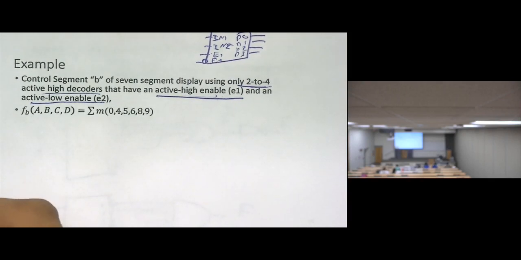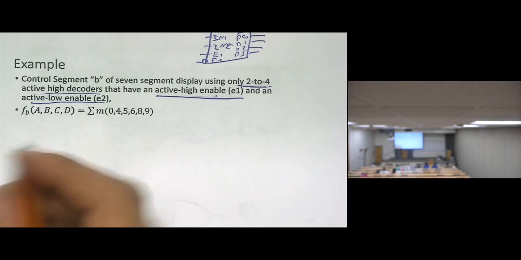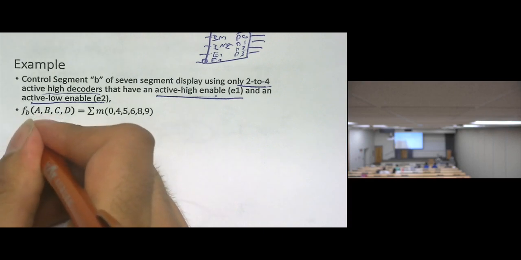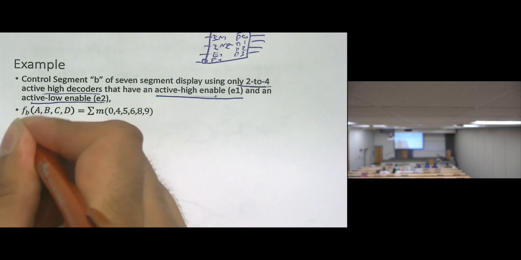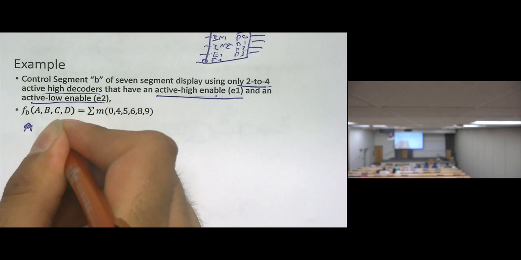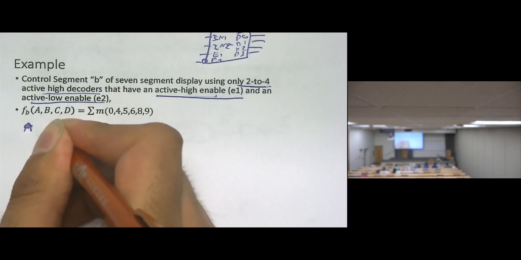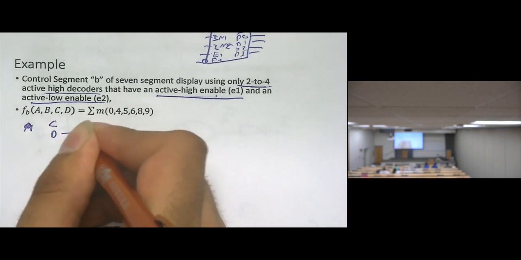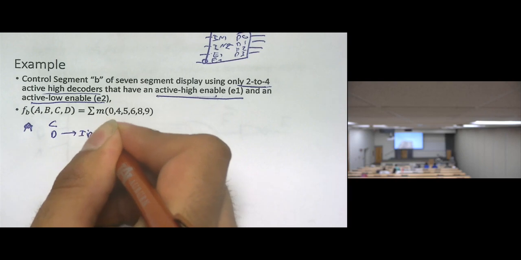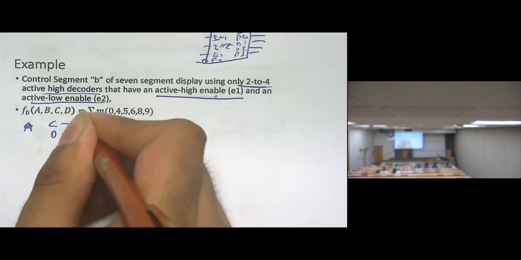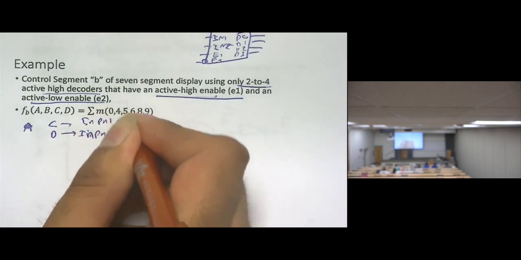By saying what? I can say C and D. D, I'm going to make it input 1. C at input 2. Okay?